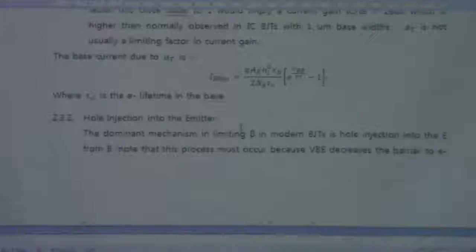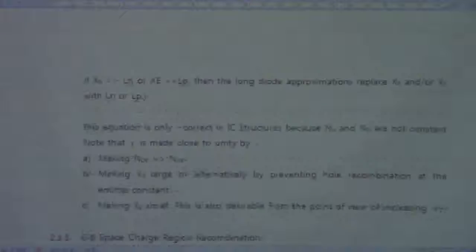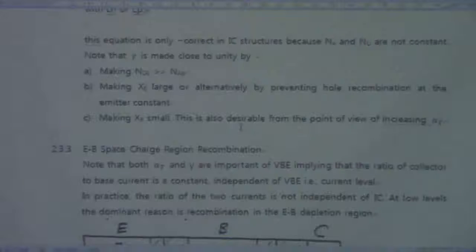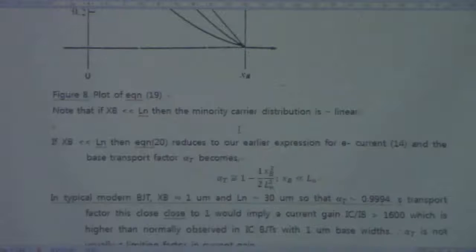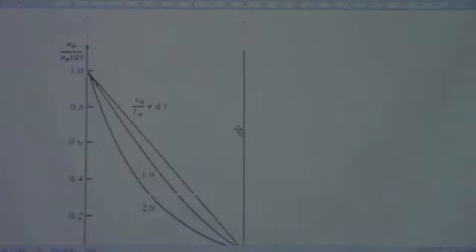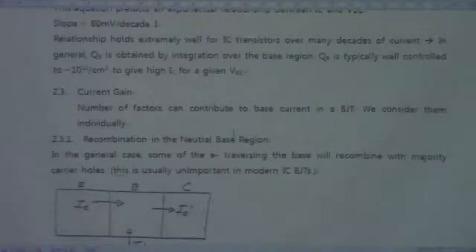The other is hole injection into the emitter, and number three is emitter-base space charge region recombination. So these three factors determine the current gain of the bipolar transistor as a whole. Let's look into these three factors more carefully.